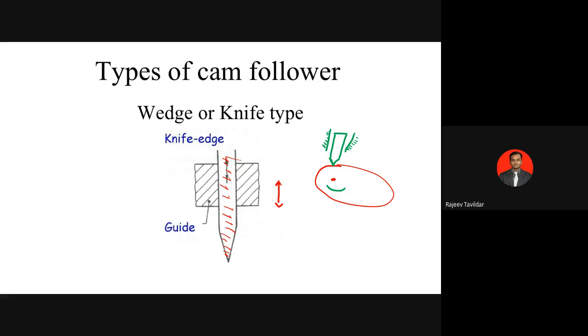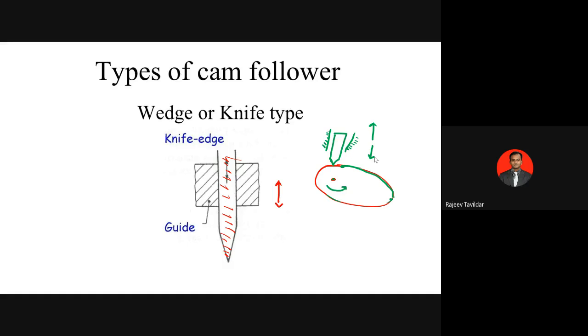What will happen when this cam starts rotating? Because of this cam profile shape, the follower is going to lift up, say from this point to this point till here. Then again further from this point to the remaining point, it is going to come down. So for every rotation of the cam, it will rise up and then again fall down.